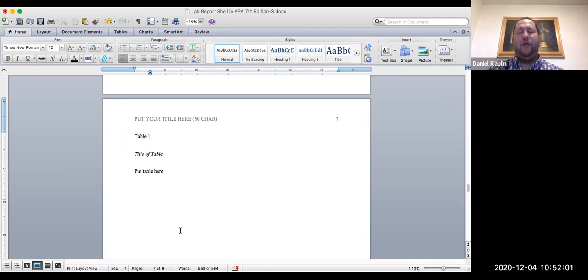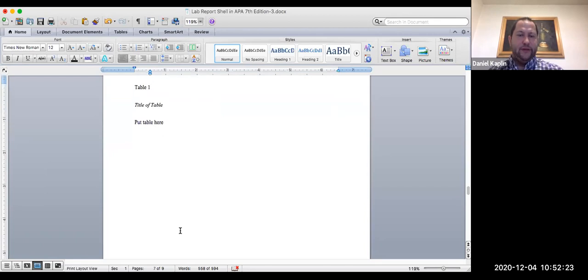You never put more than 1 table on a single page. Now, what happens if a table is really long and it goes on to a second page? That's okay. But if it continues to the middle of that second page and then you want to add another table, you have to start a new page for the second table.